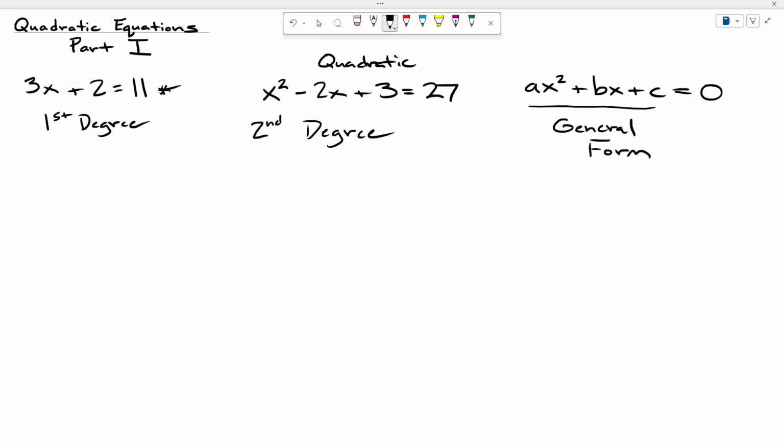So just like in this one, we have our a, which is actually just a 1, and then this is our b, and then that is our c. So the general form where a, b, and c are real numbers, and then a cannot be 0.